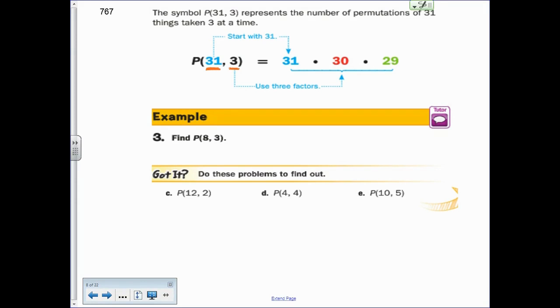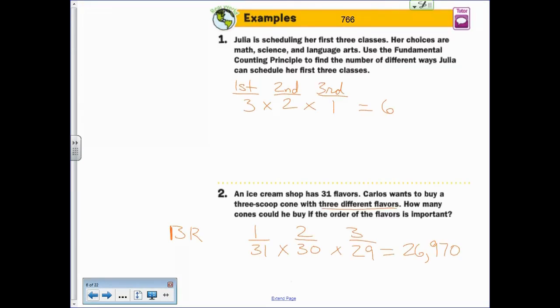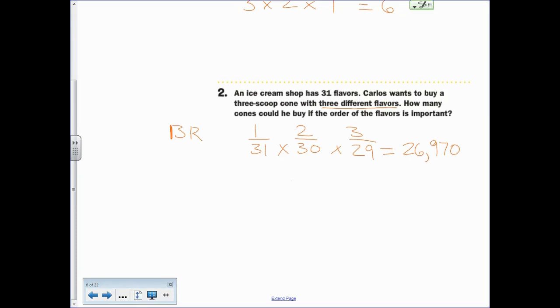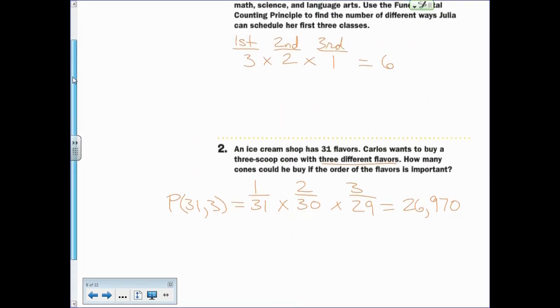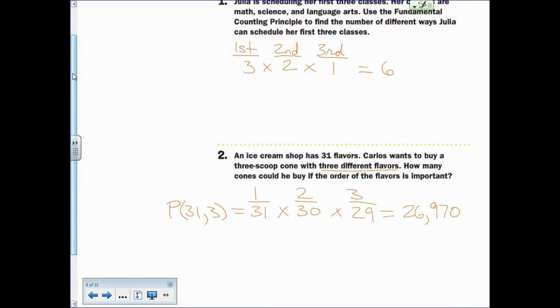So if I go back to the example I just did, down here, instead of putting Baskin Robbins in front of this, I should be saying permutate 31 flavors of ice cream 3 at a time. And then I would have written this correctly. Up here on this problem, I permutated 3 subjects and I permutated all 3 of them at a time.